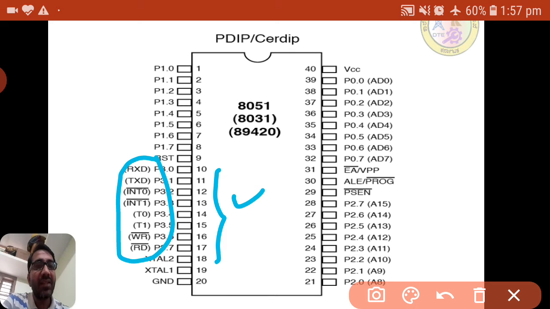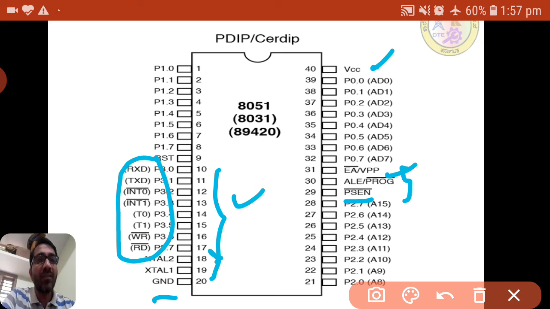The remaining 3 pins are EA, that is external access, ALE and PSEN. These 3 are control pins, and pins 18 and 19 are the clock related pins, the crystal oscillator pins, and then ground and VCC. Except these, all pins are shared with the ports.